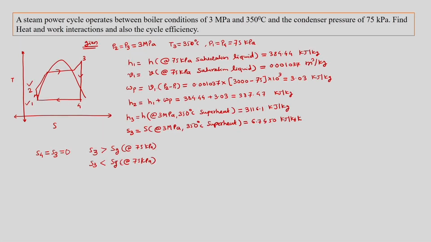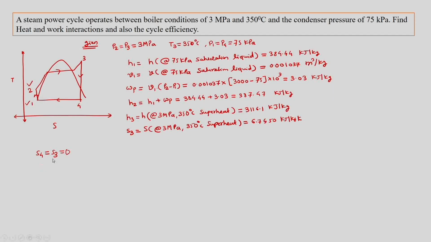So in our case S3 remains less, so we will see the steam table in the saturation part, and not in the superheated part. So then we need to find out the dryness fraction.